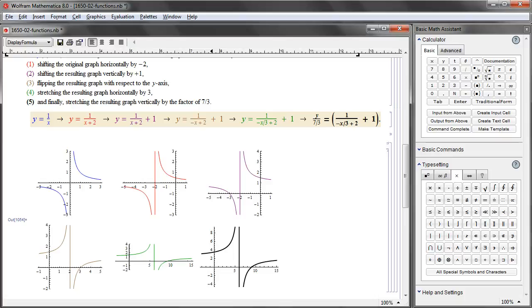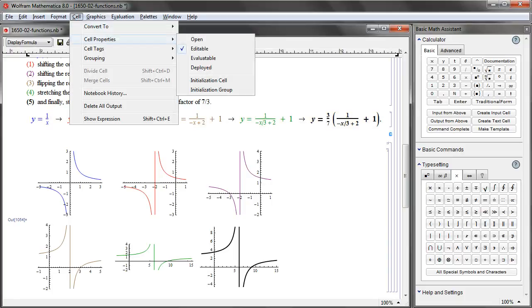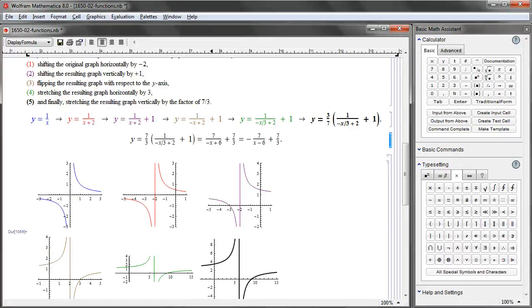So flip this 7/3 to the other side, and we end up with 3/7. And that should be the final answer. If you apply a little bit of simplification, we have this kind of answer. -7 over x minus 6 plus 7/3.